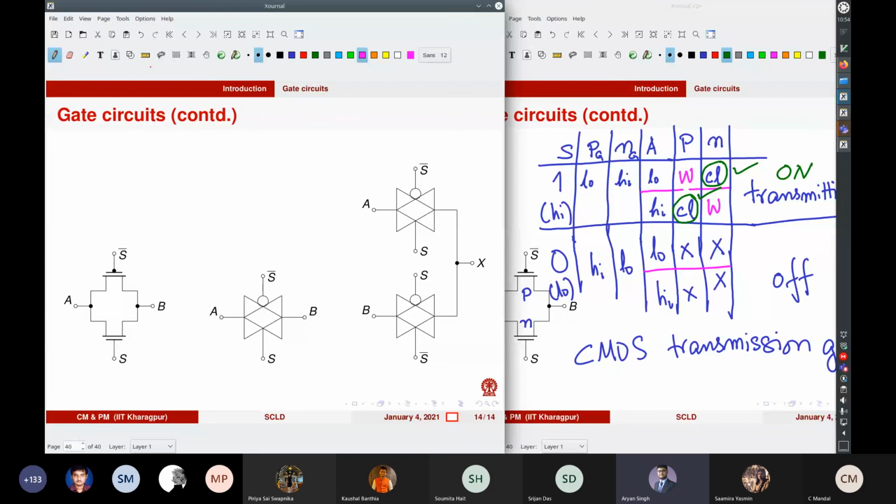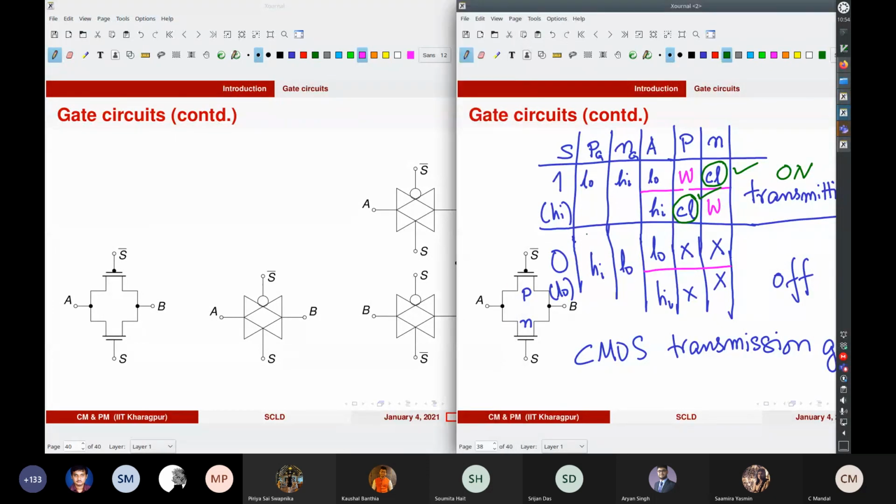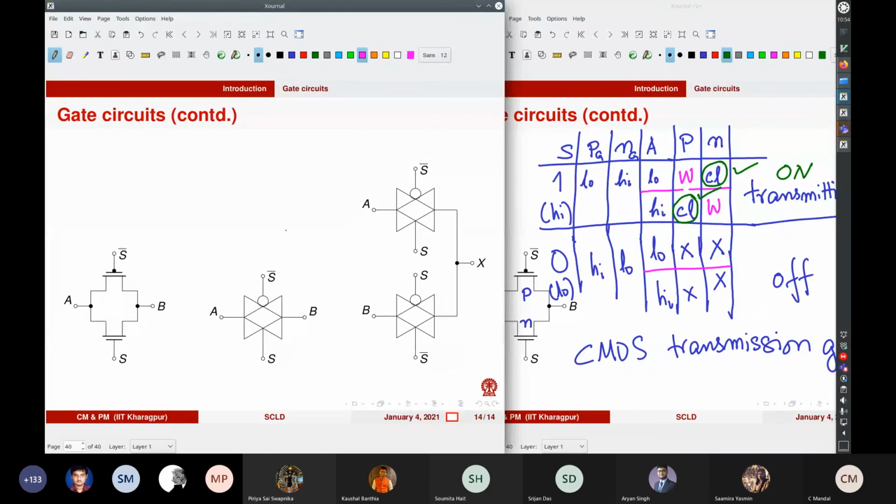Yes, that is right. This is what is called a multiplexer. You can write the output in this form.